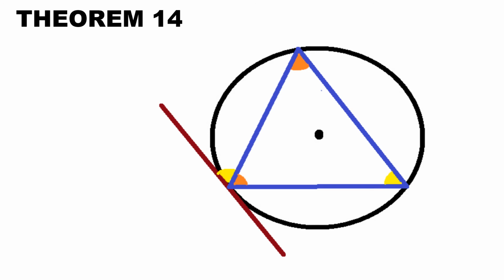Nandun siya sa loob ng circle. And then, there's a tangent line. Pag nagtama daw si tangent line sa isang vertex noong triangle, nakikita nyo yung shaded color, yun daw yung magiging equal ang measurement. So, ito will be equal to this angle. At ito naman, measure nito ay equal dito sa angle na nandito.